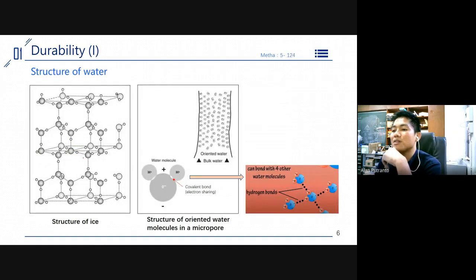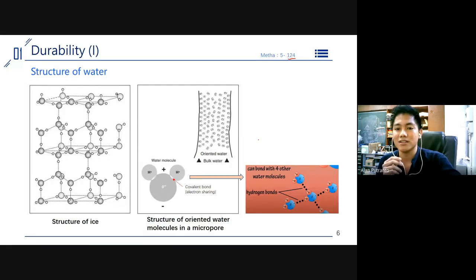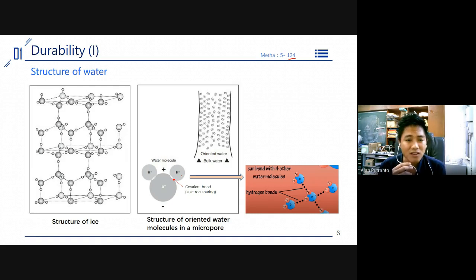Okay, this is the structure of water. Maybe if you have another laptop or another gadget, you can open your Mehta PDF, chapter 5, page 1 to 4. Here we will talk about what kind of structure exists in water. Actually, water has a very small molecule, and water exists from covalent bonds. Can you see this red arrow? This is the covalent bond that connects oxygen and hydrogen.